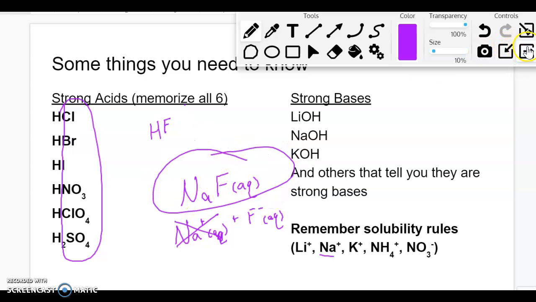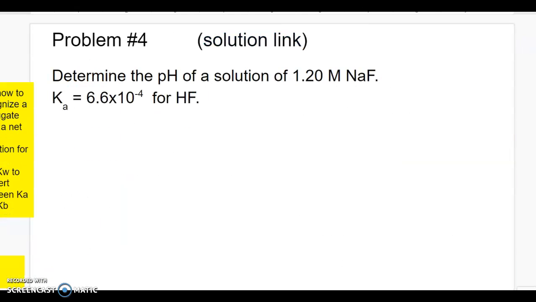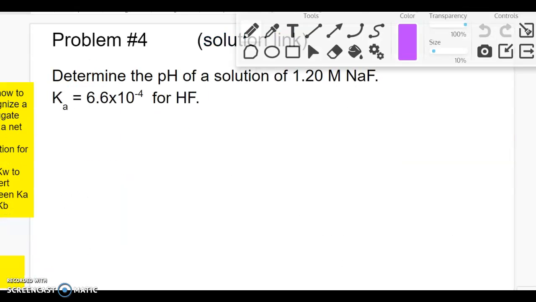I'll show you how to write out that net ionic equation. Let's do that first, because that's going to direct everything else for us. So we have NaF aqueous, and it reacts with water, liquid, or interacts with water. Because we identified this weak part, that it's not part of the strong acids and not part of the solubility rules, it is going to act as either a weak acid or base.